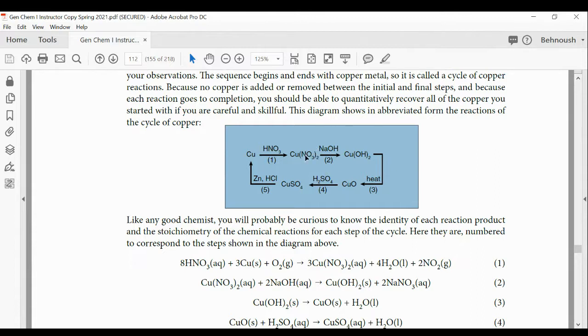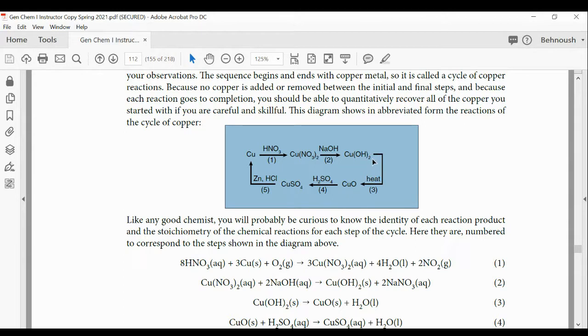And when you add sodium hydroxide to copper nitrate, it will change to copper hydroxide. Copper hydroxide, is it soluble or insoluble? Does anyone remember from hydroxide? Is copper hydroxide soluble or insoluble? Copper hydroxide is insoluble.